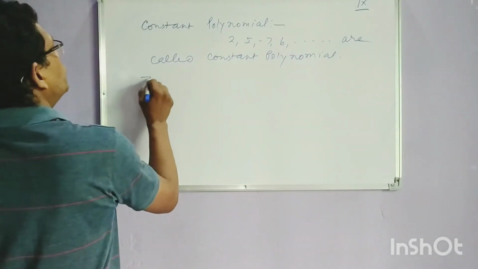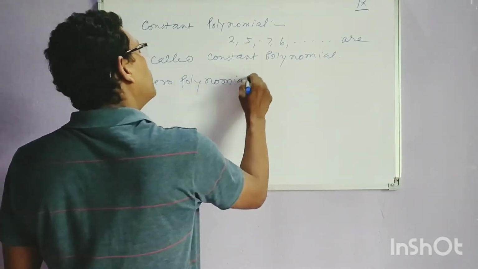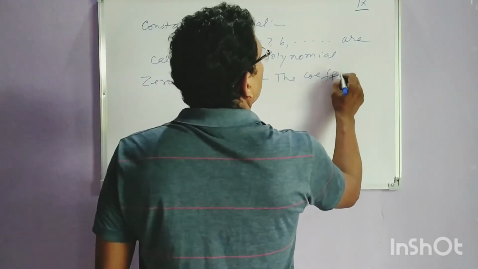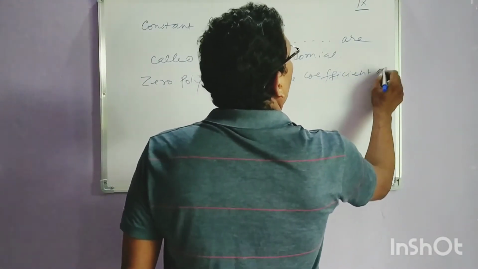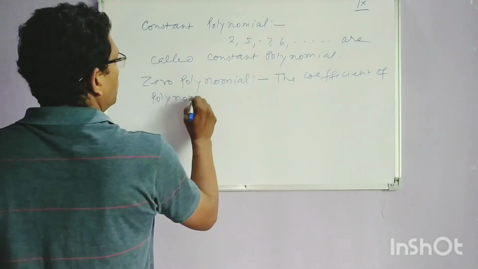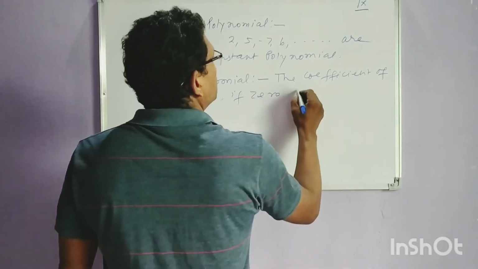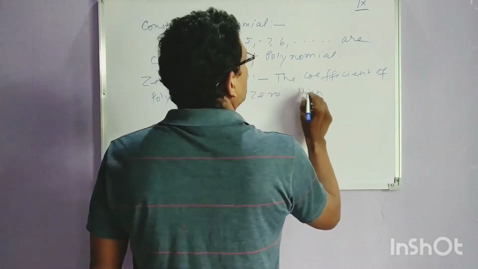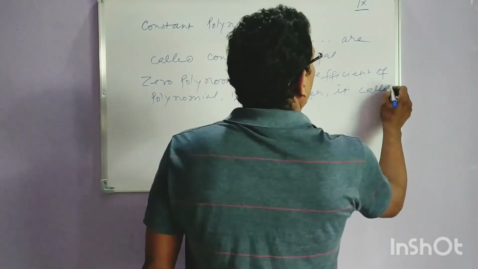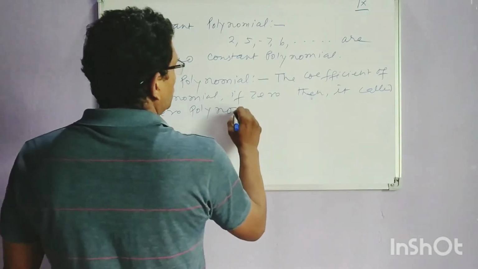Now come to zero polynomial. If the coefficient of a polynomial is 0, then it is called zero polynomial.